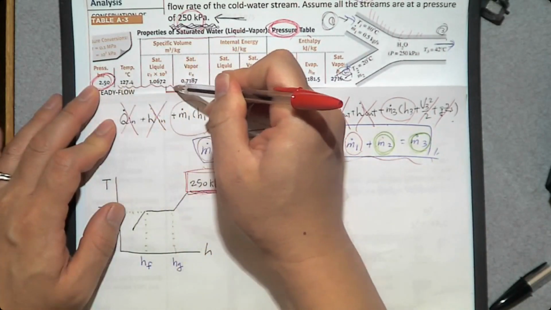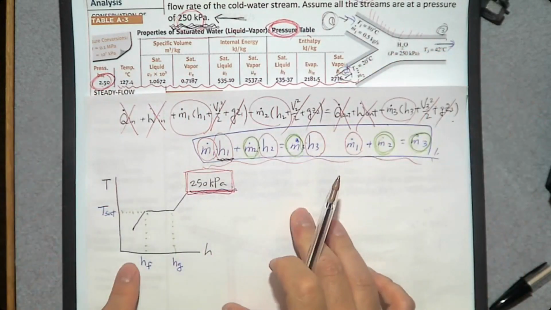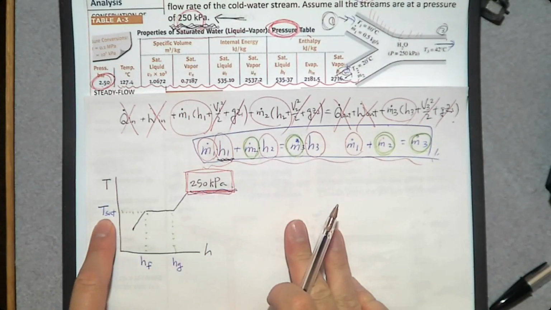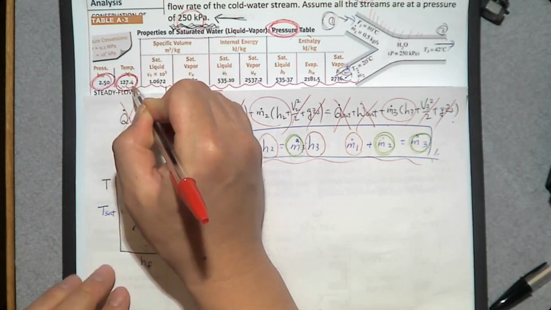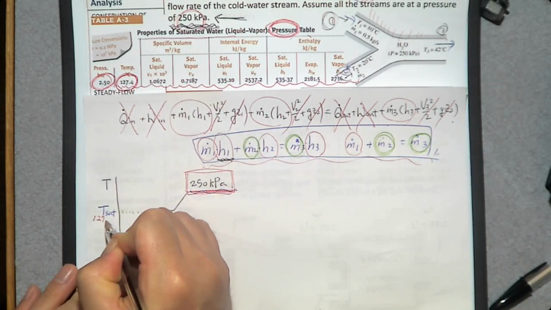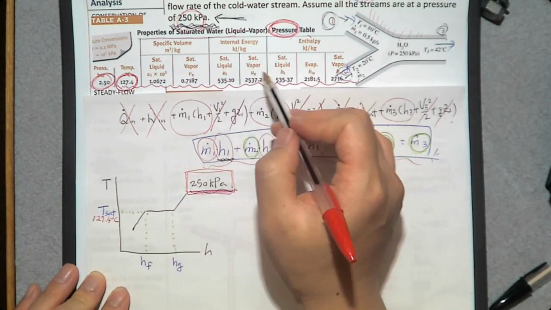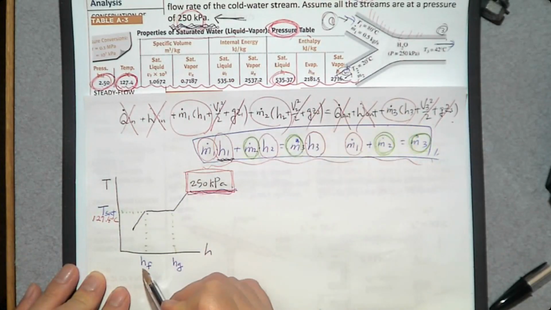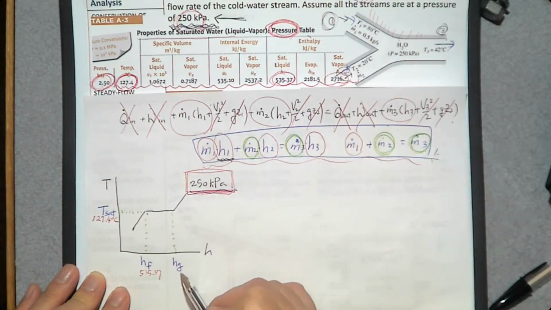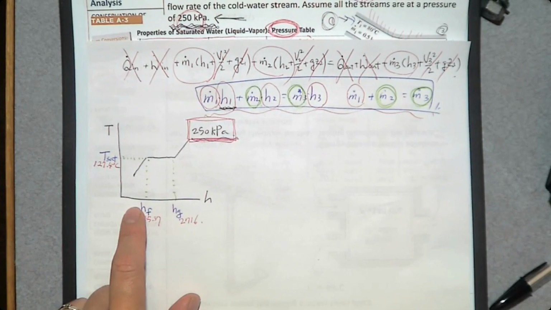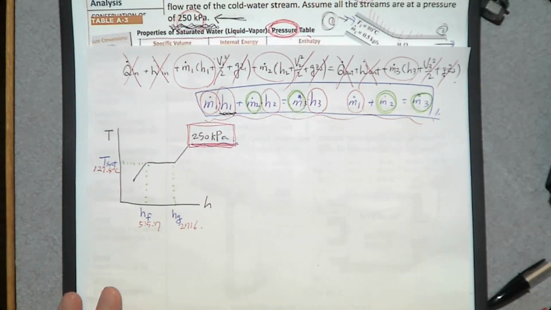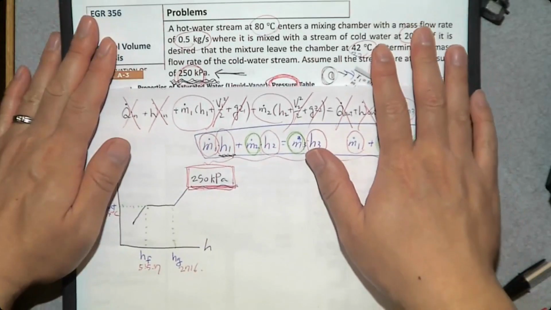So any numbers on this line can be used to complete this T-h diagram, since we know T sat, the saturation temperature, which is here, 127.4, and hf, 535.37, hg, 2716. So that's how we can make this T-h diagram.